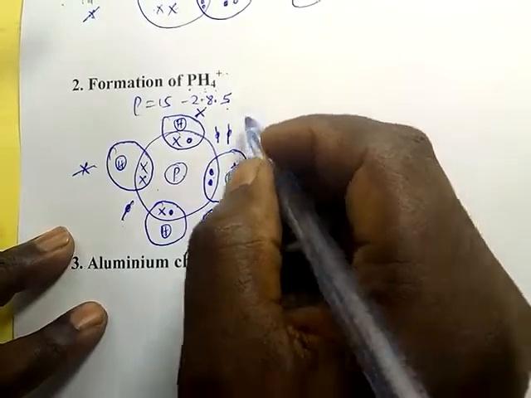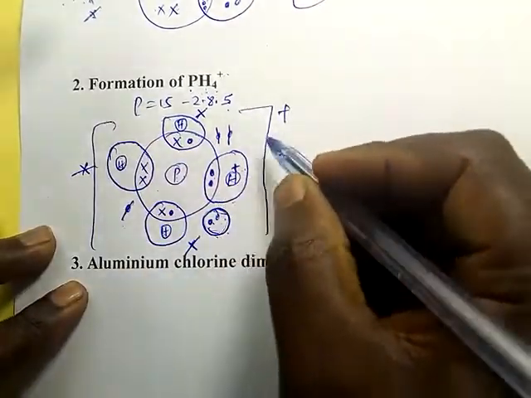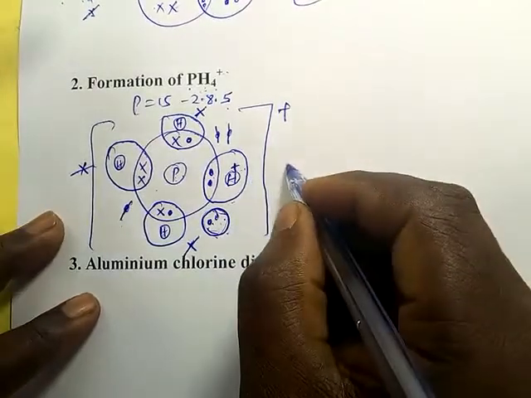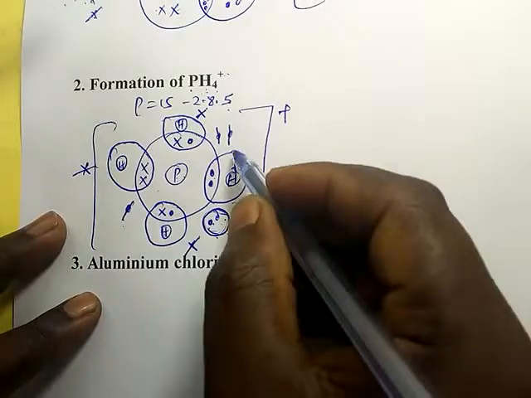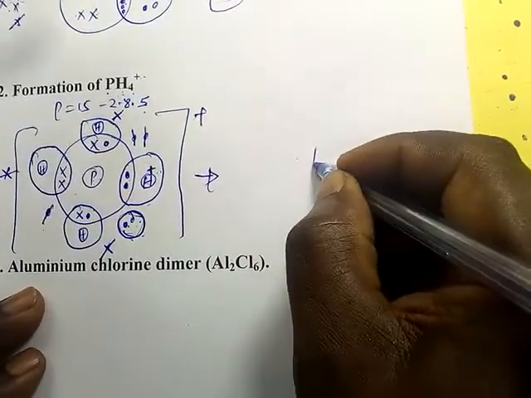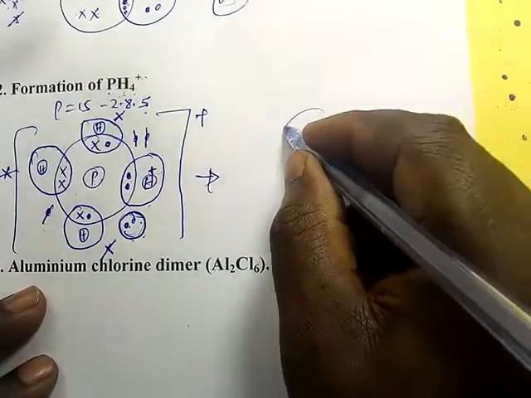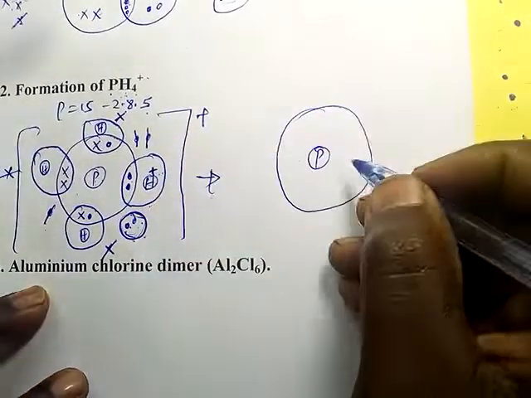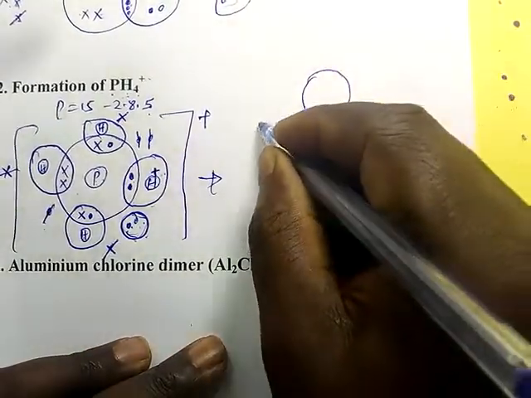And since it is an ion, we finally put it like this, showing that it was an ion. So I want to now put it here very clean without this darkness. We put P, and now you can put your very clean diagram here.